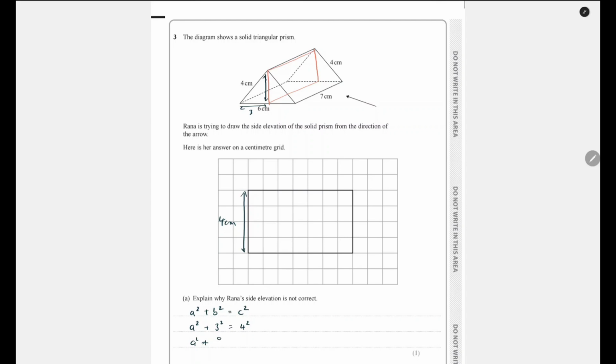That's 3 squared equals 9, and 4 squared equals 16. If we rearrange to make a the subject, we have a squared is equal to 16 minus 9. A squared is equal to 7. And so square rooting both sides, we have a is equal to root 7, which is not 4.